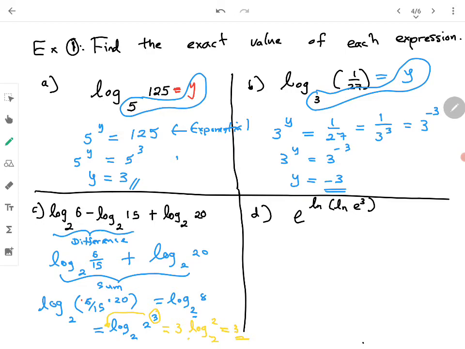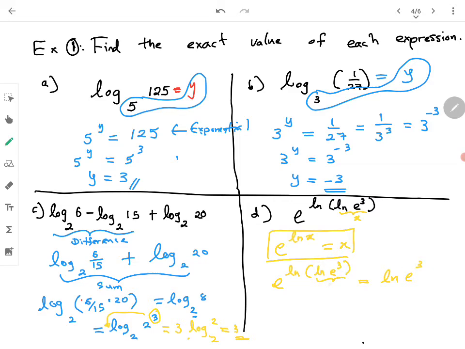Okay. Then the next one, we use the last law we discussed. e to the natural log x is equal to x. So here ln e cube acts as x. So here e to the ln e cube is equal to ln e cube, because what's inside ln is ln e cube now.